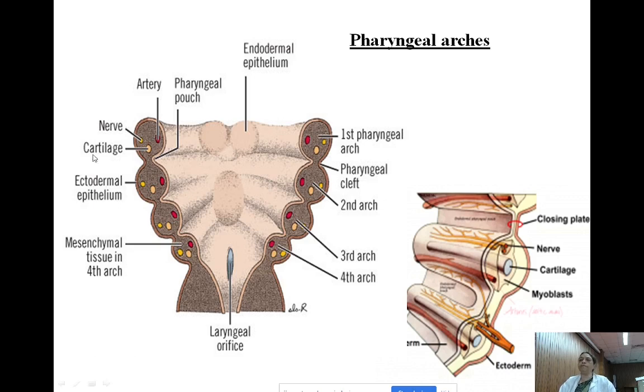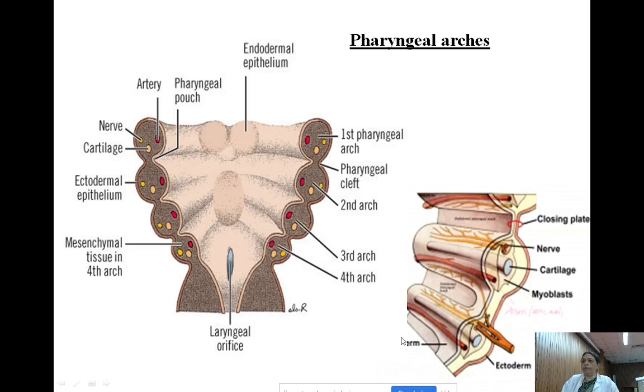These structures are supplied by nerves and blood vessels that are particular for each pharyngeal arch. So the first arch artery will supply the structures of the first pharyngeal arch, the second arch artery will supply the second, like that. So there are the first arch, second arch, third arch, and fourth arch. The sixth arch is developed on the dorsal aspect of the aortic sac, which forms the pulmonary trunk.